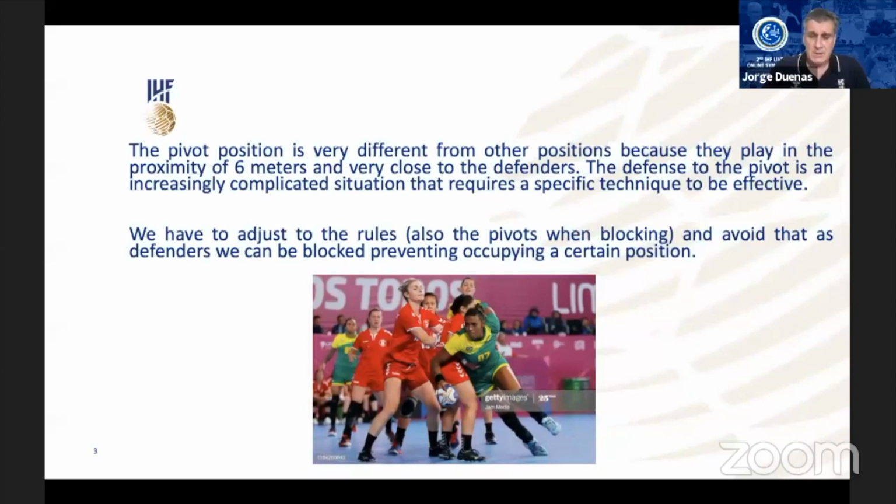Now the pivots can play out of 6 meters, running in 9 meters or in meter 2. The defense against the pivot is an increasingly complicated situation that I think requires a specific technique to be effective. Don't forget we have to adjust to the rules.